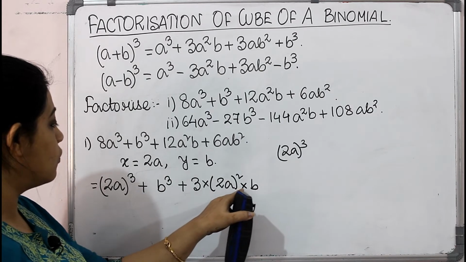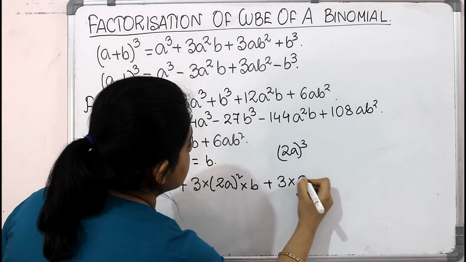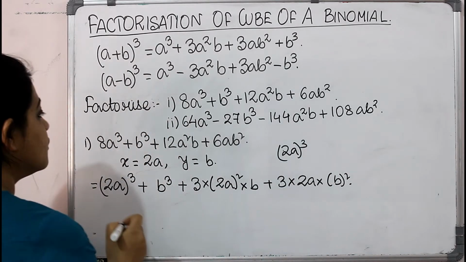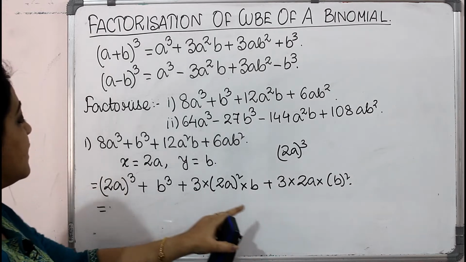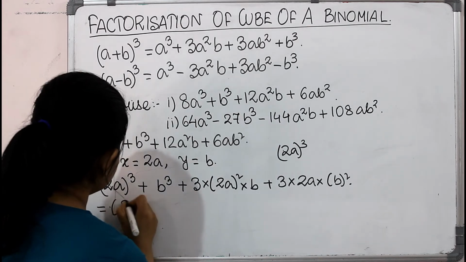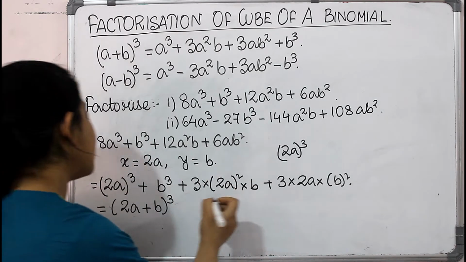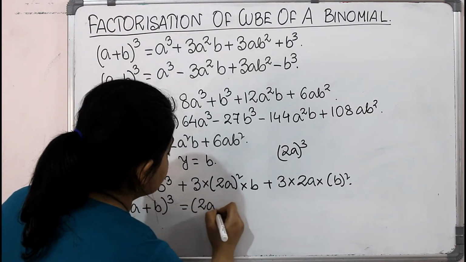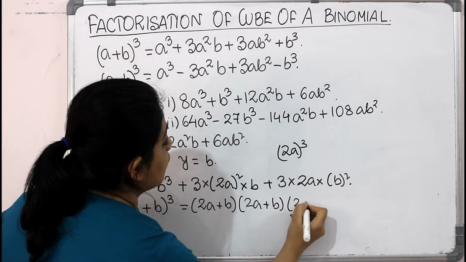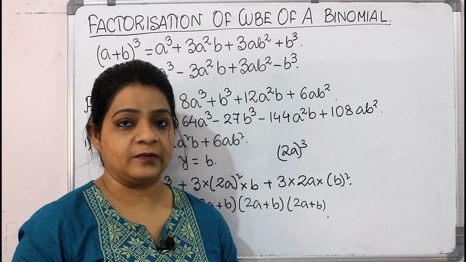So this finally gives you (2a plus b) whole cube. This can be further broken into (2a plus b) into (2a plus b) into (2a plus b). So this is the final expression.